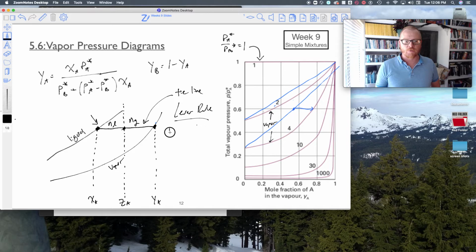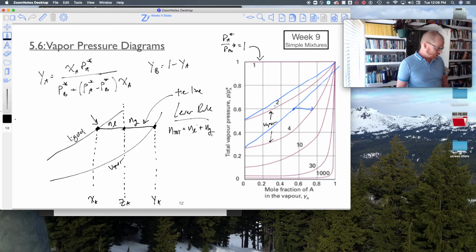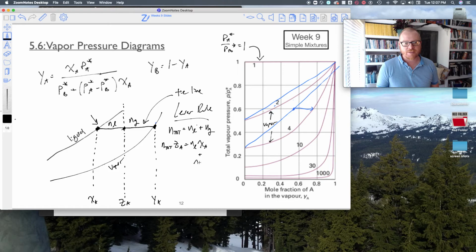We recognize the total number of moles is just the number of moles of liquid plus the number of moles of gas. So that's the total number of moles I put in the solution in the first place. And so now I can say N total times ZA, so this point that's halfway between, equals NL times chi A plus NG times YA.